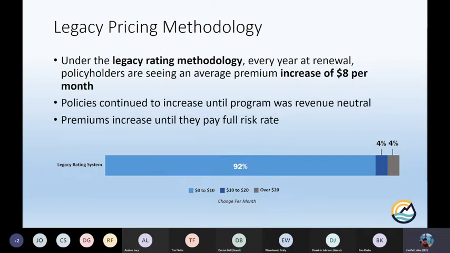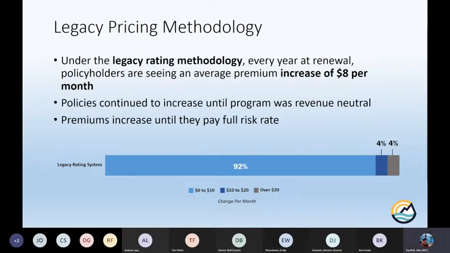You can see at the bar graph at the bottom, 92% of policies were seeing $0 to $10 increase. 4% were seeing $10 to $20, and another 4% were seeing over $20 a month increases in flood insurance premiums. And again, they kept raising until the program was revenue neutral and premiums covered the amount of claims and payouts.